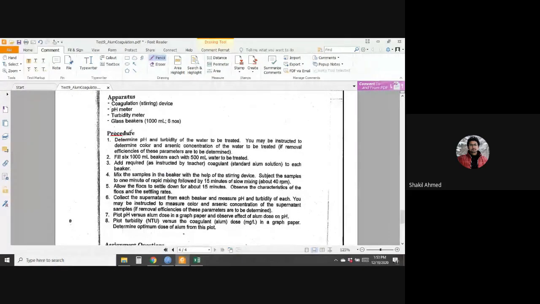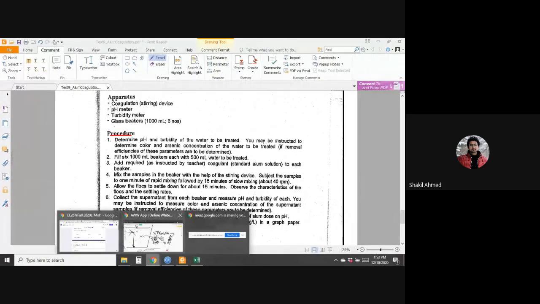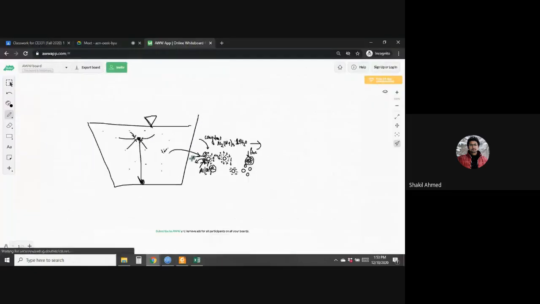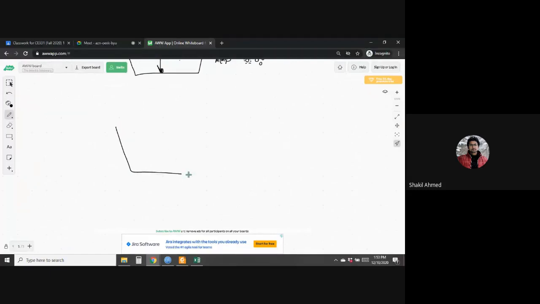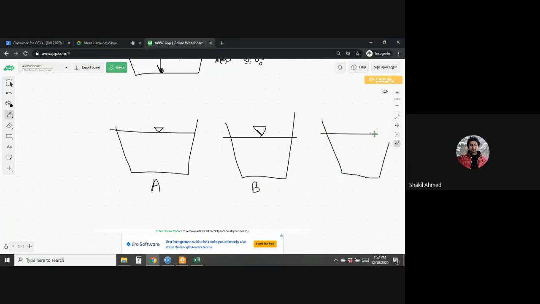Now, the thing is, for example, different types of water. We can remove turbidity by coagulation, right? For example, this is sample A, sample B, sample C. Different samples may have different amounts of pollutant or turbidity.